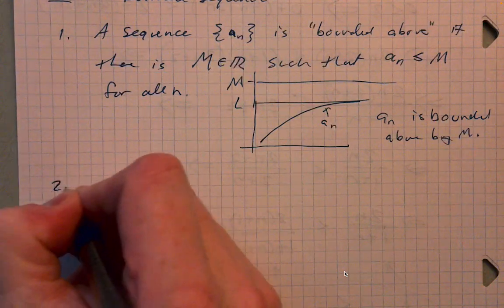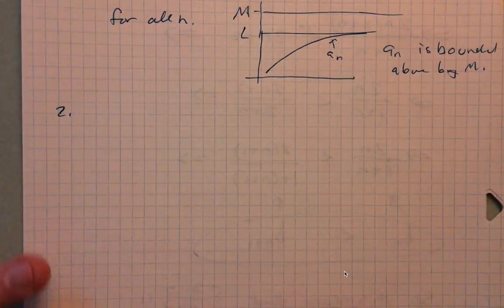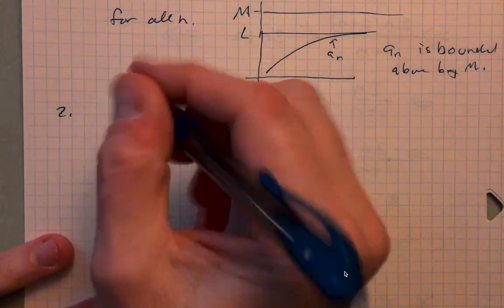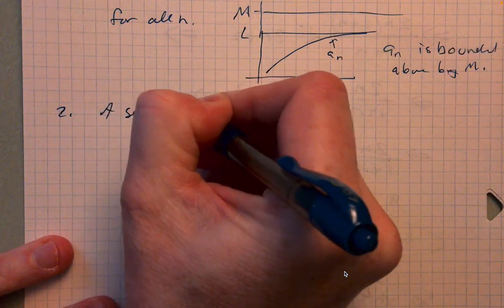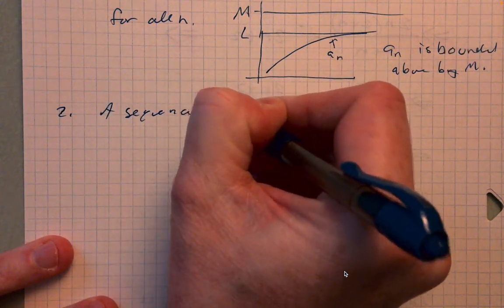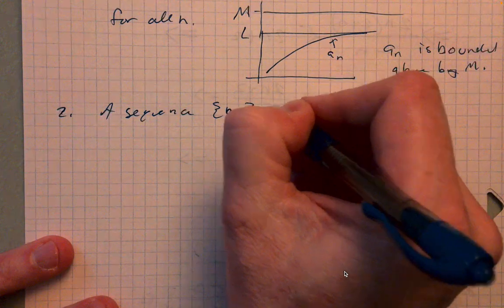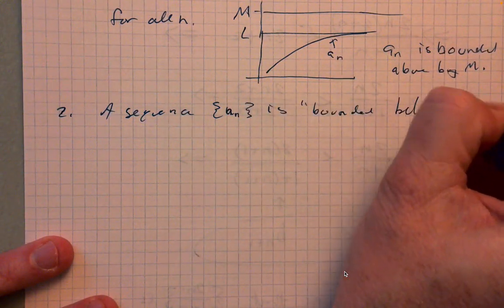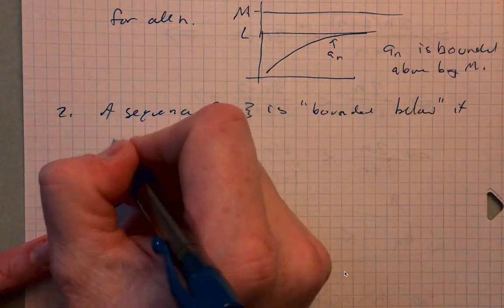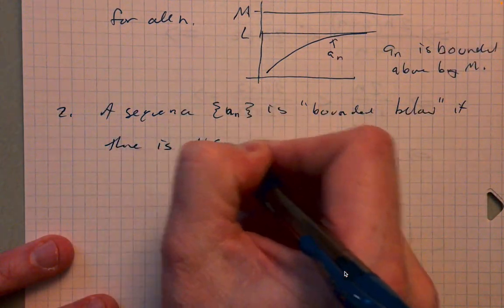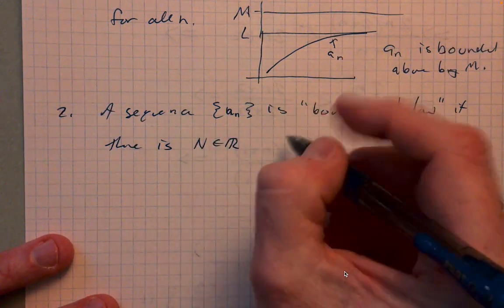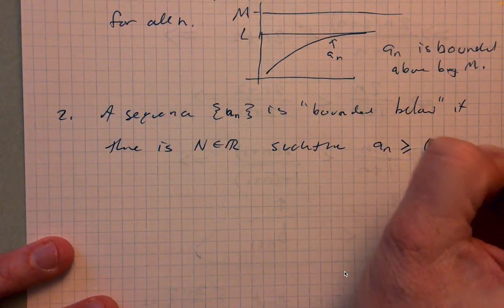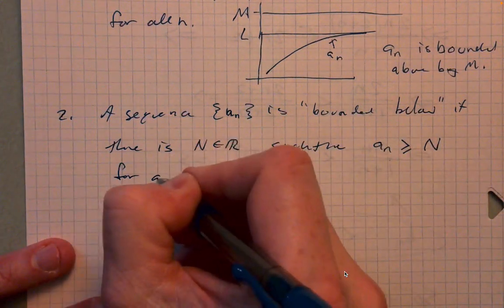Similarly, you could define a lower bound. A sequence a_n is bounded below if there is some N in R such that a_n is greater than or equal to N for all n.